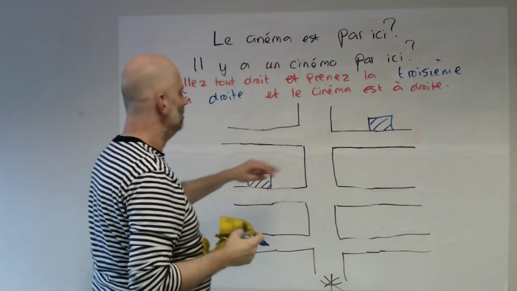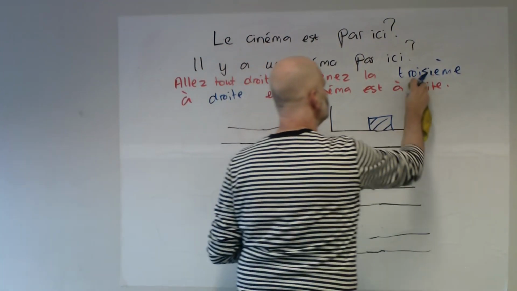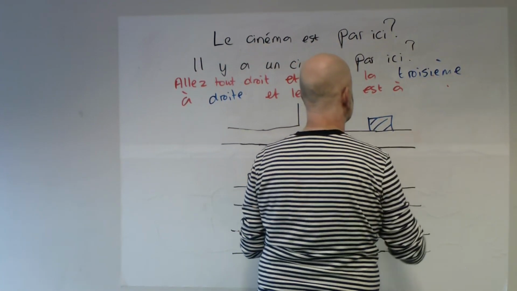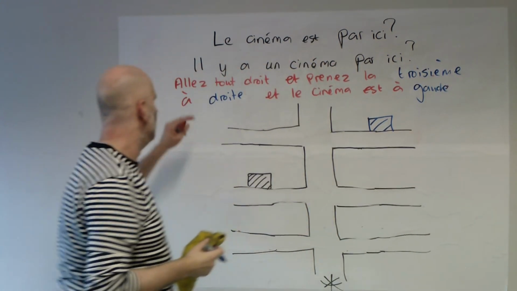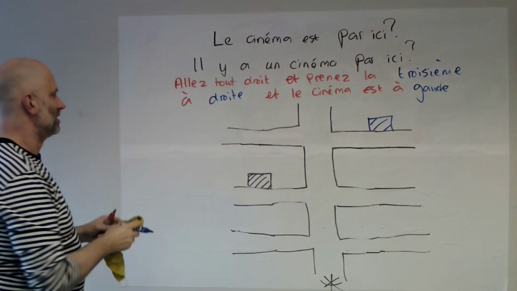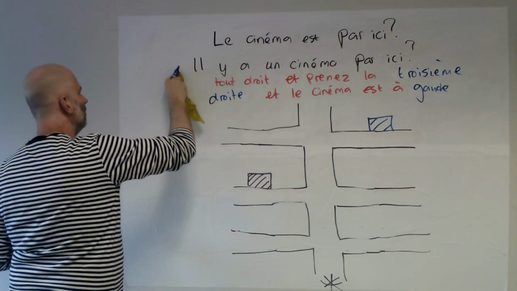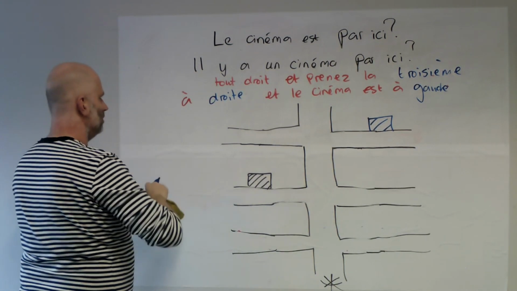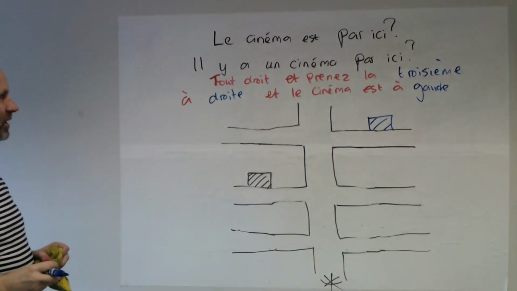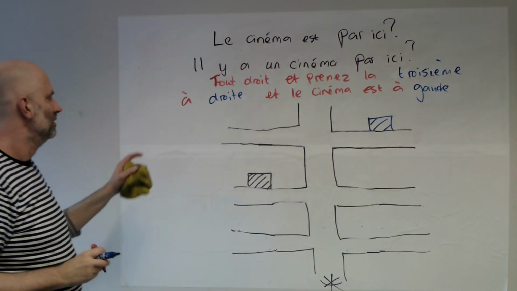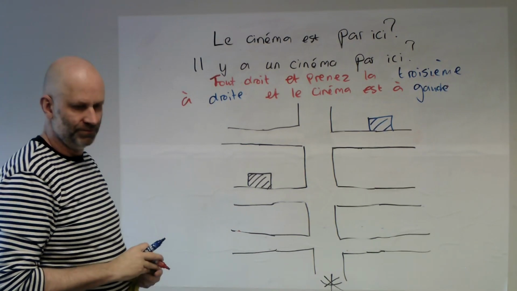Et le cinéma est à gauche. Also, the allez isn't really necessary. You just say, without the verb, tout droit, straight on, rather than go straight on. Tout droit, et prenez la troisième à droite, le cinéma est à gauche.